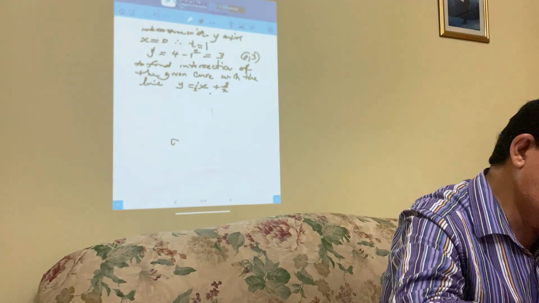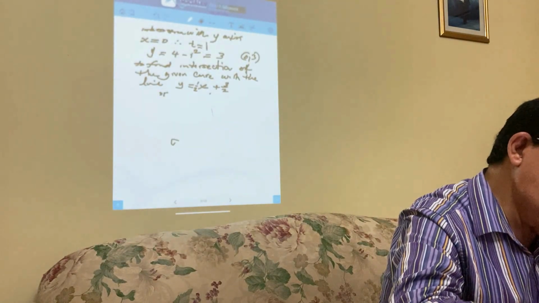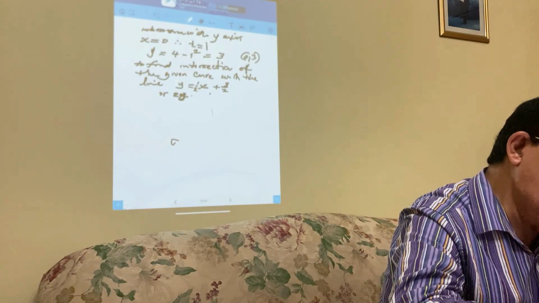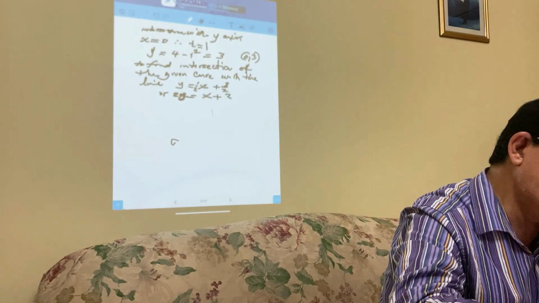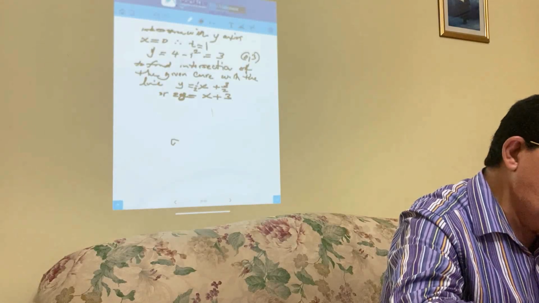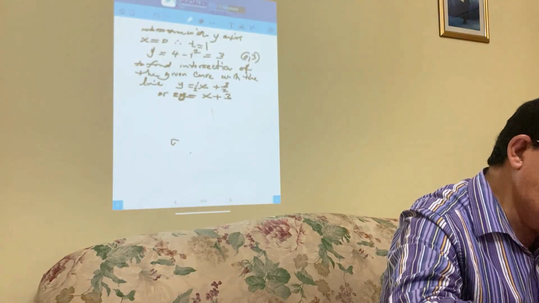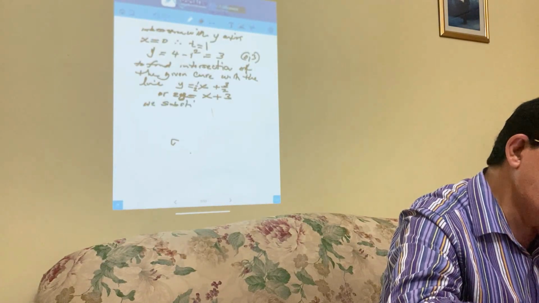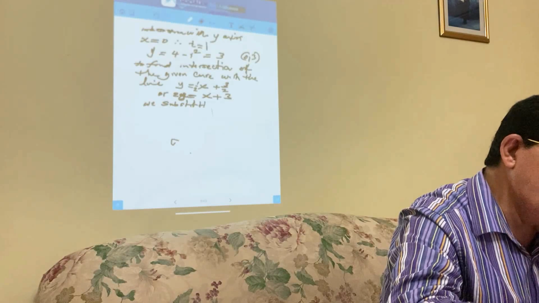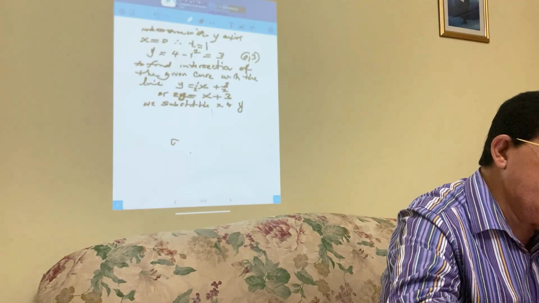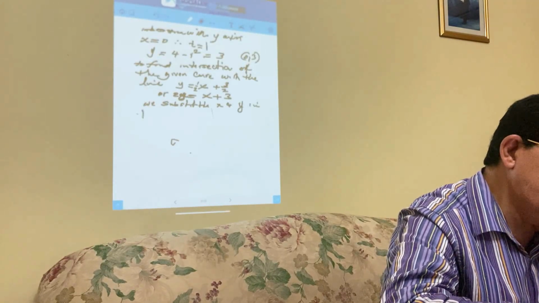Or 2y equal x plus 3. What we do is we substitute x and y in terms of t.